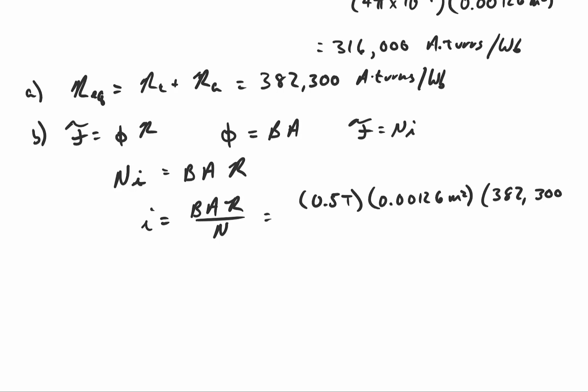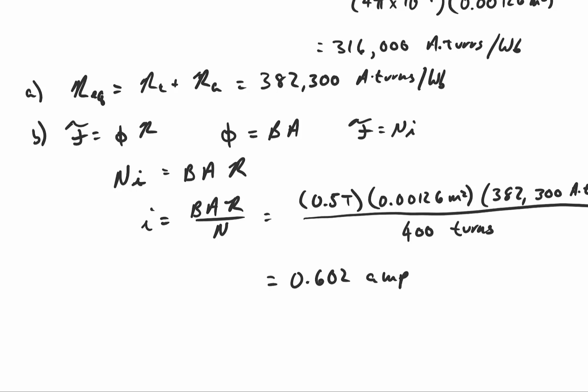I'll put the units in. Ampere turns per Weber. Divided by the number of turns, 400 turns. And when I calculate that, I find that I need 0.602 amps of current to get that half a Tesla in the air gap.